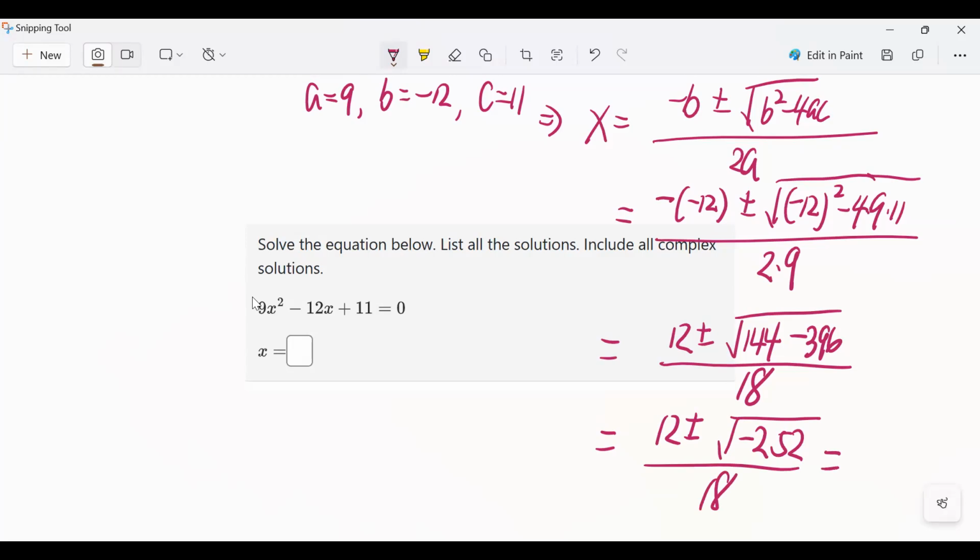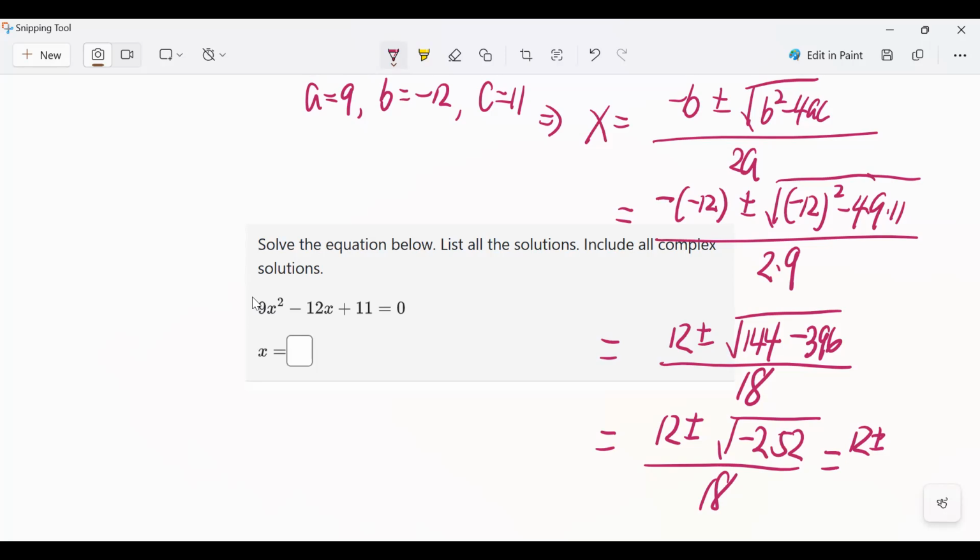So 252, we're going to factor that, right? Let's see, what number goes into that? 252 divided by 4 is 63, 9, right? So 4 times 9, 36. It's 36 going into that. That's 7, right?